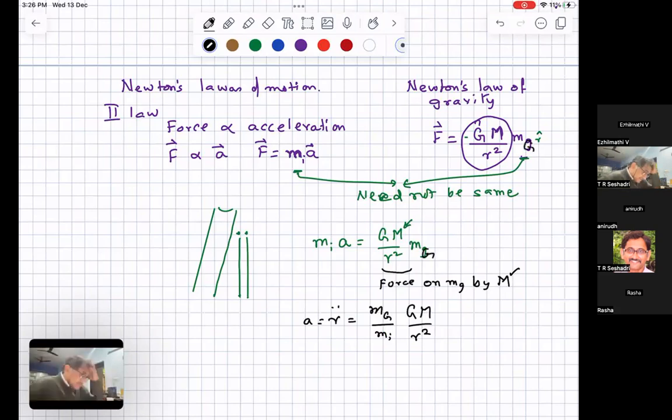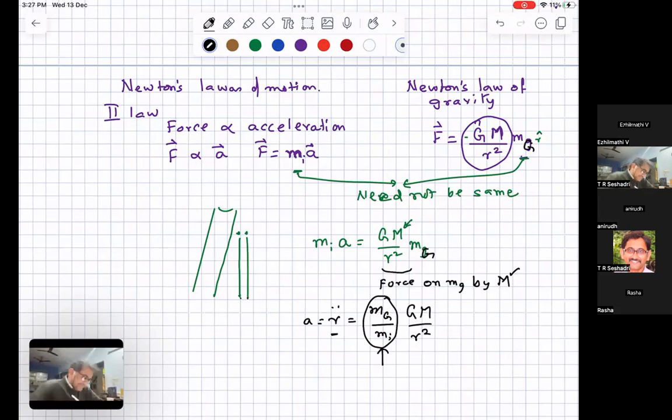Now, the fact that the path was independent of the individual masses or individual things means that this R should not depend on the details of this ratio.